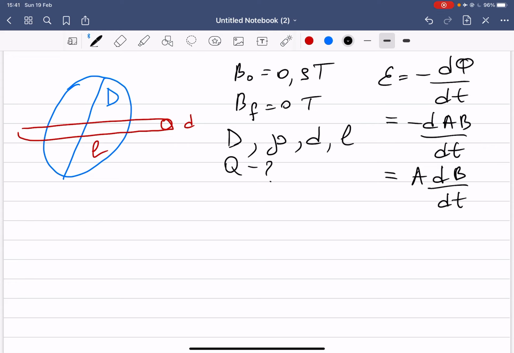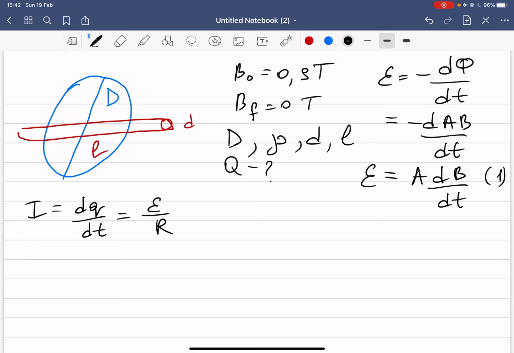Let's keep it like this, our first equation. Then we have another formula where the current is equal to dq over dt, which is also equal to the EMF over R.